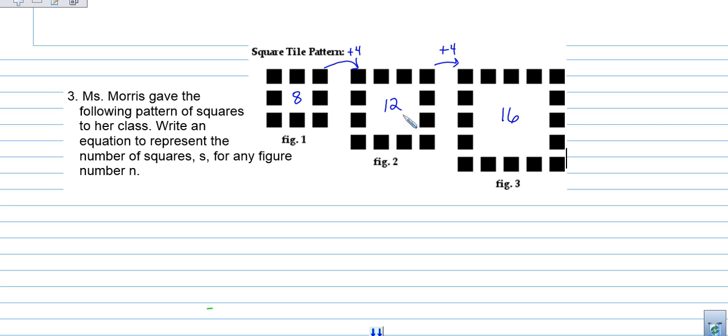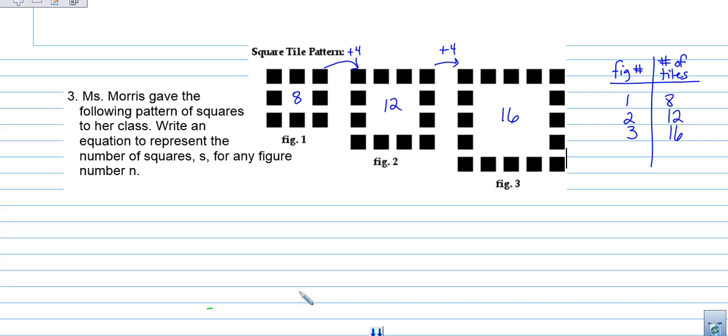So you could see it that way. Or some people are more table oriented. So you could do the figure number and then the number of tiles. And so figure number 1 has 8. Figure number 2 has 12. Figure number 3 has 16.